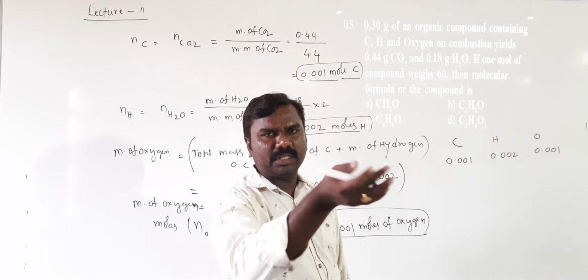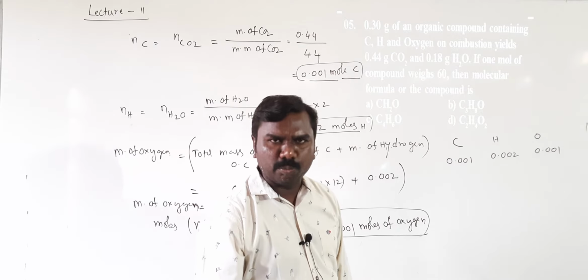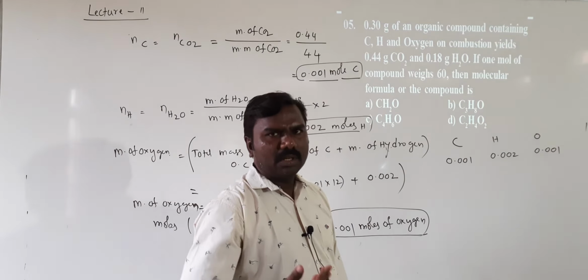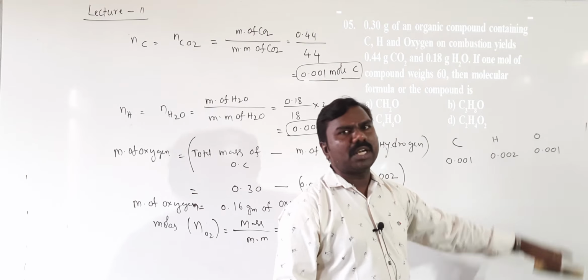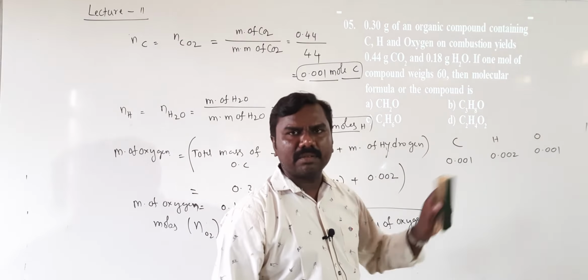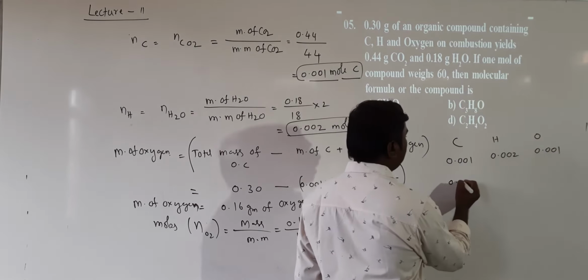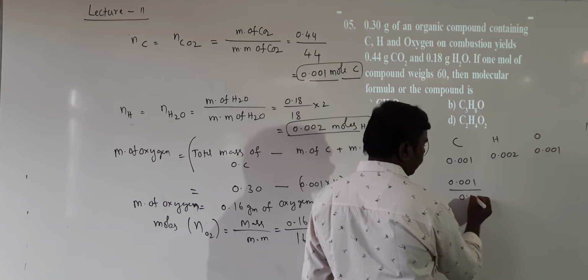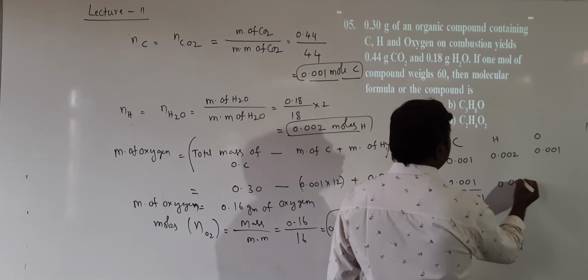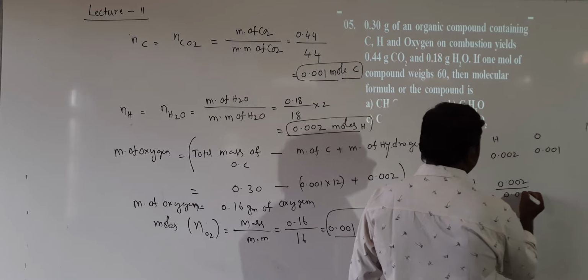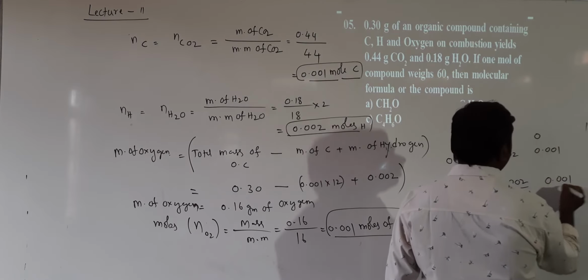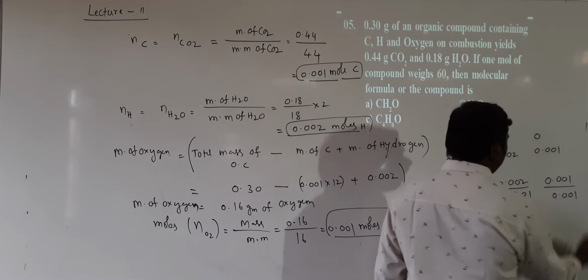First mass divided by molar mass, you will get moles. From that step onwards, the smallest mole value should be divided into all other values. So 0.001 by 0.001, 0.002 by 0.001, 0.001 by 0.001.